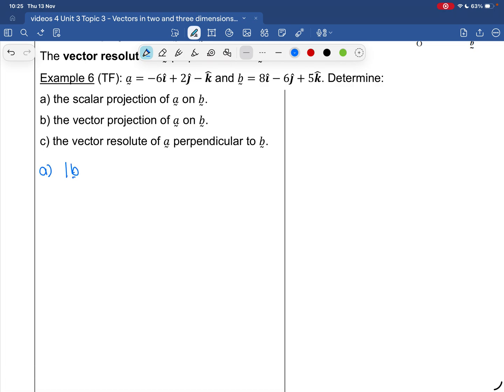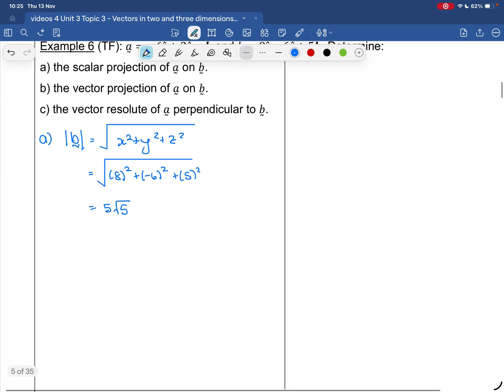Right, so what we have is my magnitude of B is the square root of x squared plus y squared plus z squared, and in this case B is 8 squared plus negative 6 squared plus 5 squared, and I get 5 root 5.